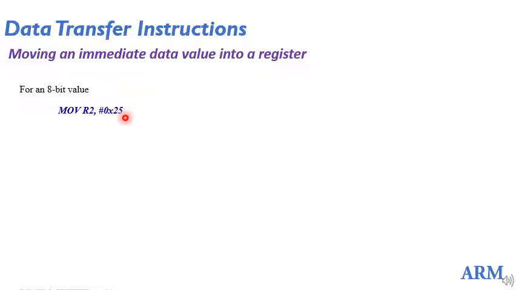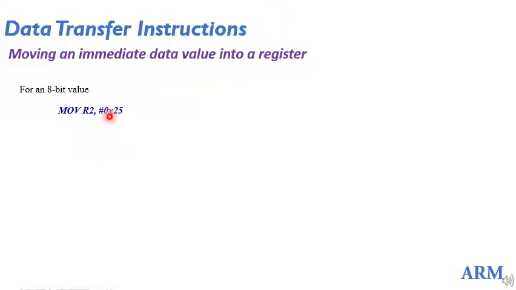It can be any constant, but the immediate value should always be preceded by a hash, followed by 0x, because we are representing data in hex format.